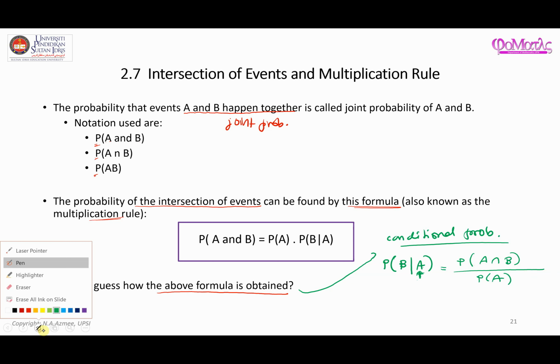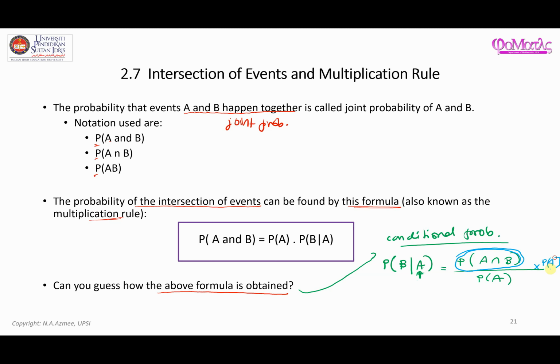From here we can see that you might be interested to find what this probability is. This is the joint probability, and using the multiplication rule you can multiply the right hand side by the probability of A, and to make sure the equation is balanced, the left hand side also must be multiplied by the probability of A. Because of that, this can be cancelled out, and you will find that the probability of A intersect B is going to be P(A) times P(B given A).